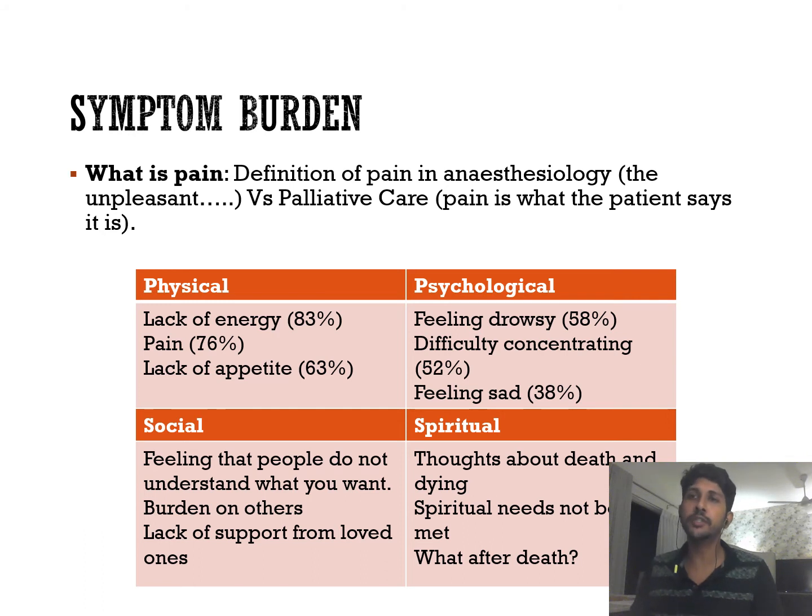And they have social concerns: feeling that people do not understand what you want, burden on family members, lack of support from the loved ones. And even there can be legal concerns that can be included into the social forms of suffering. And then spiritual aspects: thoughts about death and dying, spiritual needs not being met, and what happens after death?